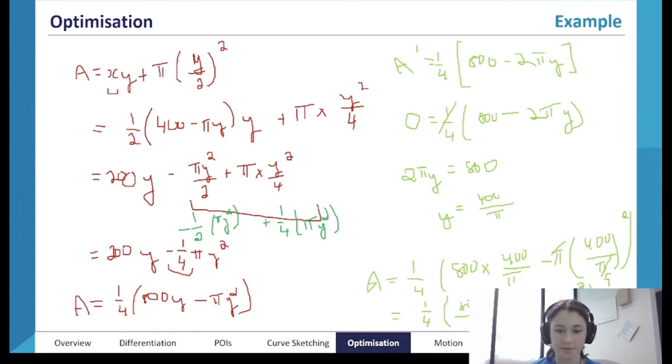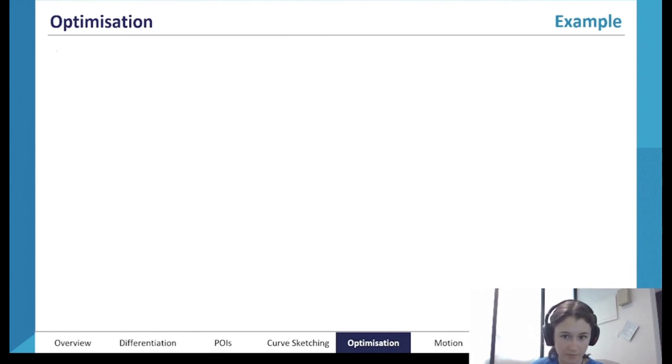I'm going to take this over to the next slide. So we're going to have equal to 1/4 outside of 800 times 400 on pi, take 400 squared on pi. We can cancel out these 400s because we have this quarter.